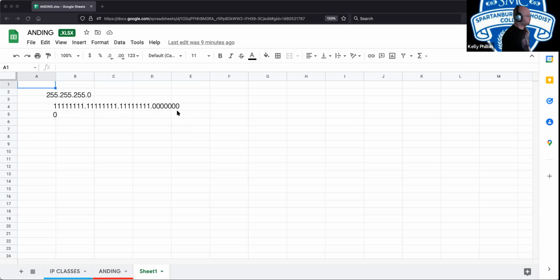We are going to pretend that we are a network administrator at a small company, and we have been given a class C network. How many hosts can we have if we only have this last chunk to work with? What's the maximum number of hosts we can have?